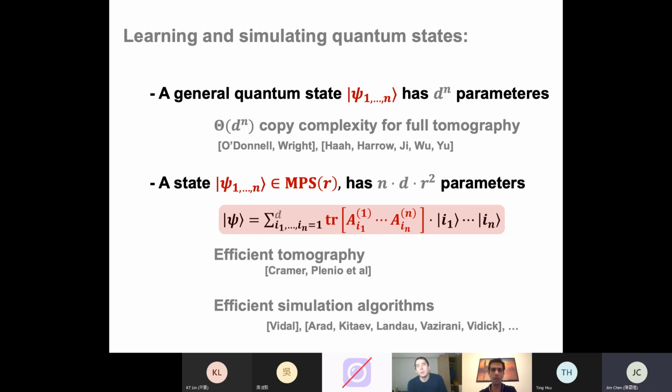This would still be worse than that order n upper bound that I showed in the other slides. And the reason is that there is a dependency on d, the local dimension here, which we don't have when we use that strategy of rank testing across all cuts. So even the optimal tomography algorithm is still an order d off from our upper bound.